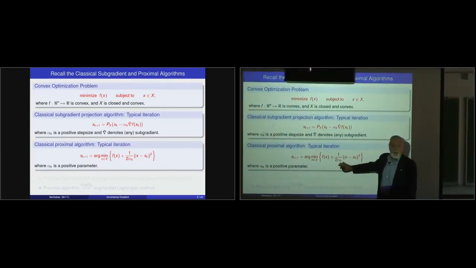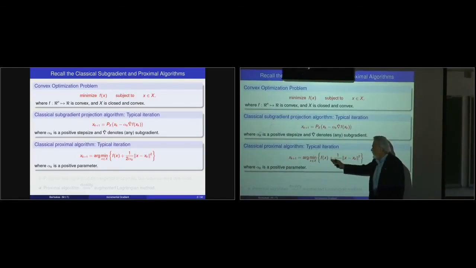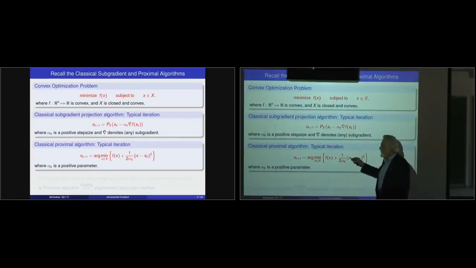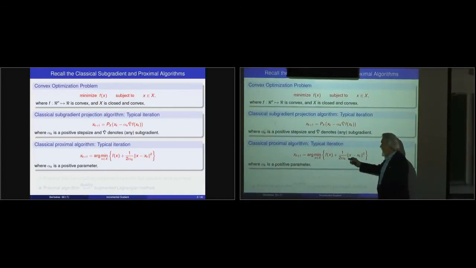Alpha k is a positive parameter, plays the role of a step size, and you minimize, instead of f, the regularized version, centered at the current point, then you recenter at the next iteration, you reminimize, and so on. So you can see now that this algorithm is more difficult, it requires more overhead than this because it requires full minimization, but the regularization term helps here.